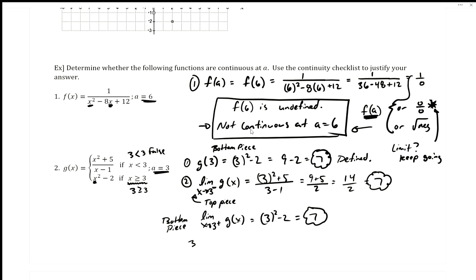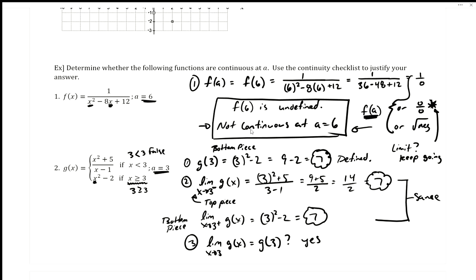Then step 3: is the limit as x goes to 3 of g of x equal to g of 3? Yes, because the left limit and the right limit are the same, and our function above was evaluated to be 7. So it's all good.